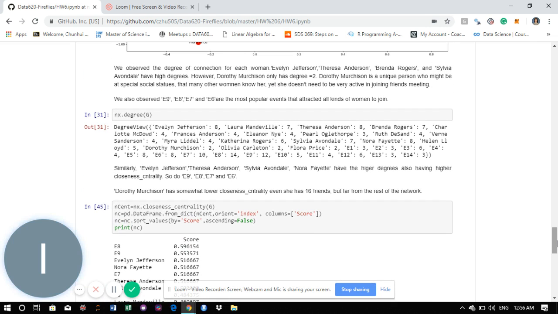Then we use the degree function to analyze the women and events, and we see that the active women such as Evelyn, Theresa, and Brenda also have a high degree.